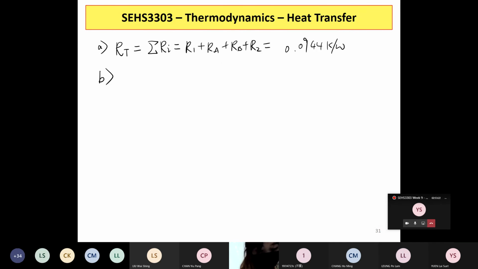Question B. Heat transfer rate. Who can tell me how to calculate Q dot 1 to 2? The equation should be delta T over RT, right?